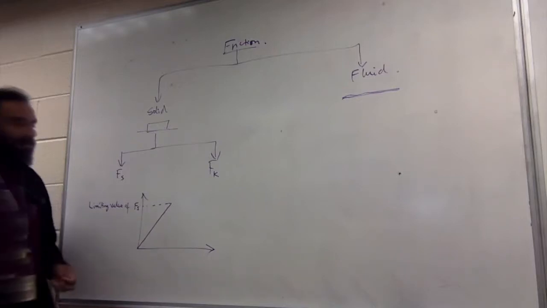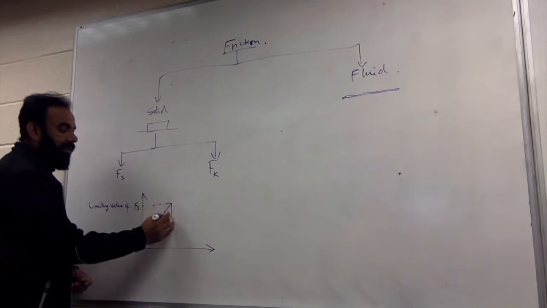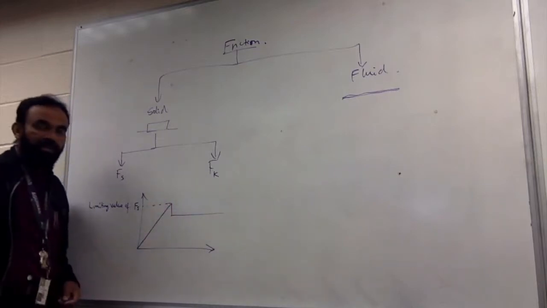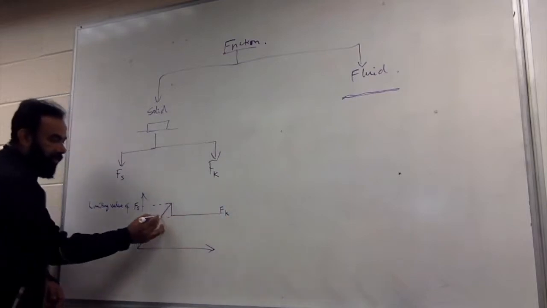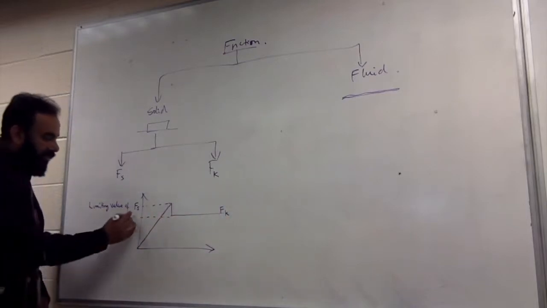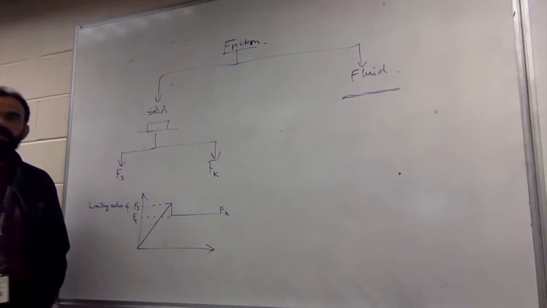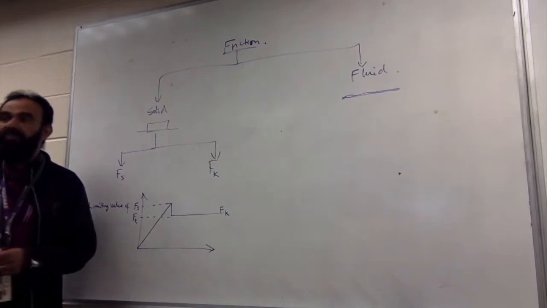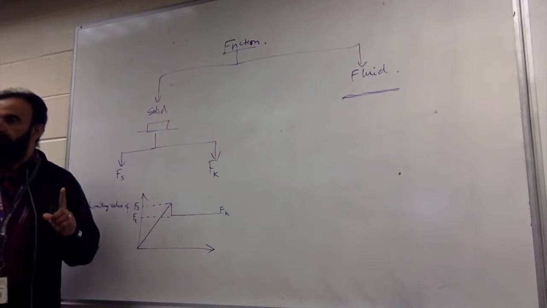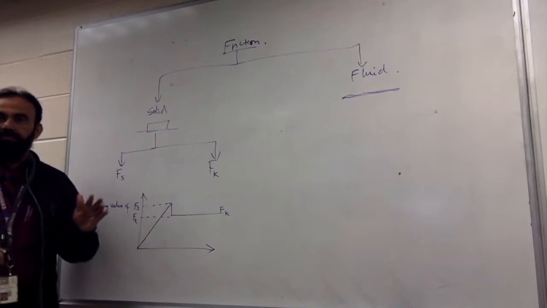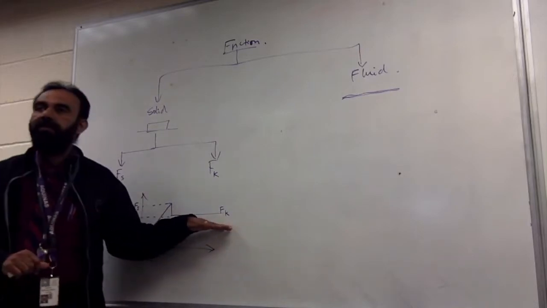As soon as it starts slipping, the kinetic friction, Fk, comes into play. And you know the Fk is smaller than the static friction. Fk is just one value. It's not growing from 0. Fk is a steady number.